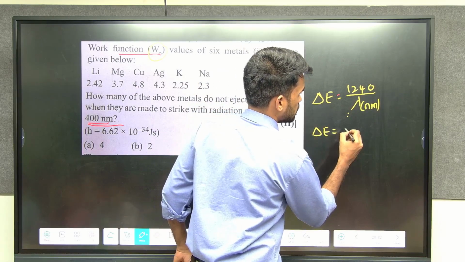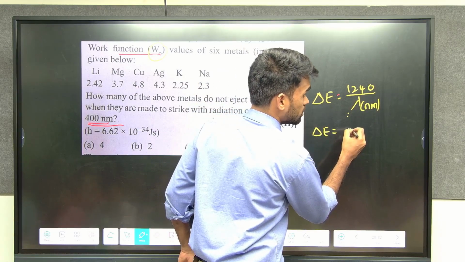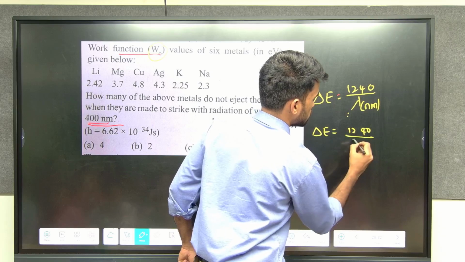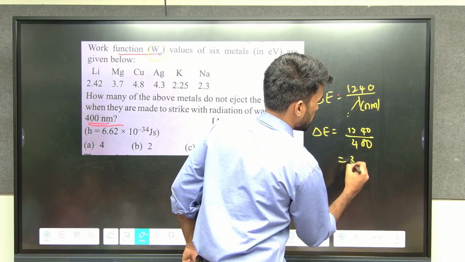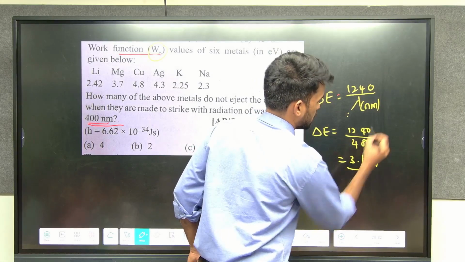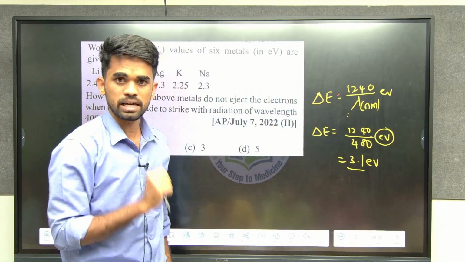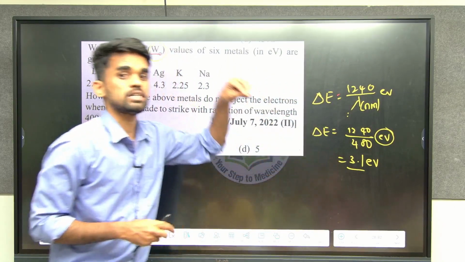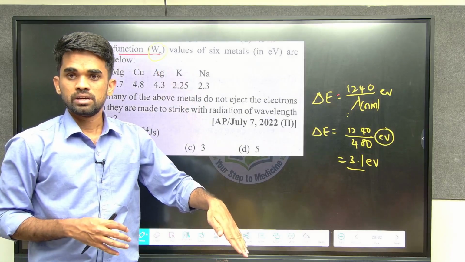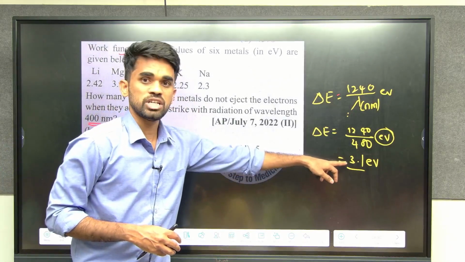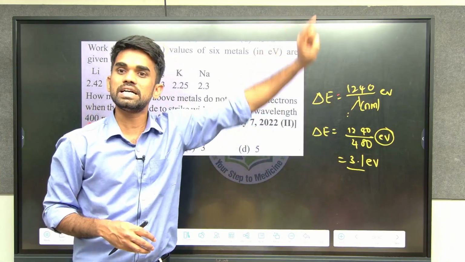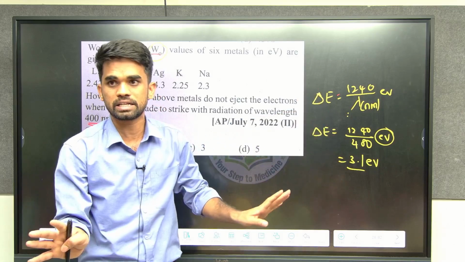It will be 3.1 electron volt. What is your answer? 3.1 electron volt. Up to here it is clear. This is the energy you are supplying to the metal surface. If that energy is sufficient, then the electron comes out. If that energy is not sufficient, no photoelectric effect is observed.